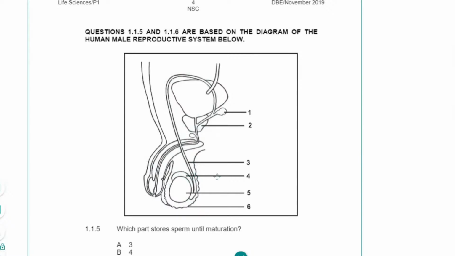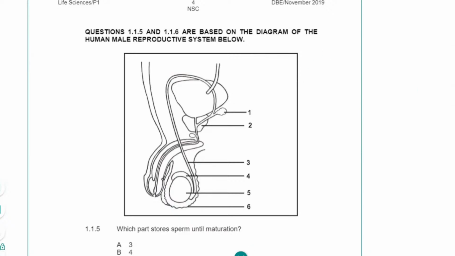We call it epididymis, and the epididymis gets the sperms from the testis. The testis is protected by the scrotum. So you are done with this question. When you are revising, you don't need to go back to the human male reproductive system to name it again, because we have found it here. That's how we revise.